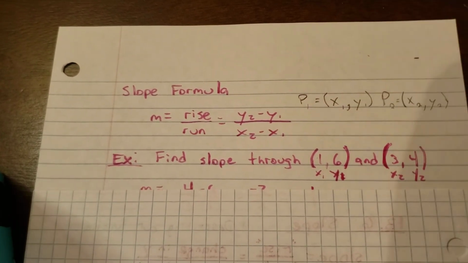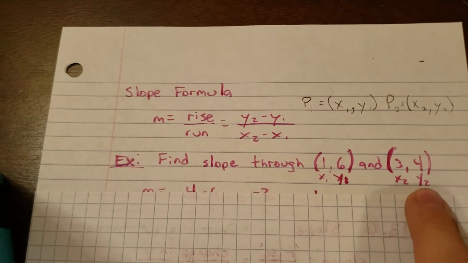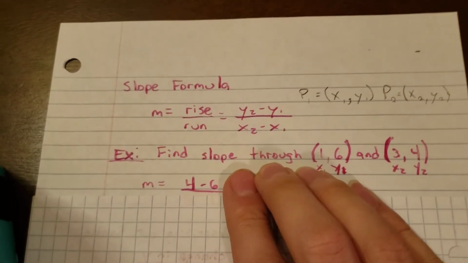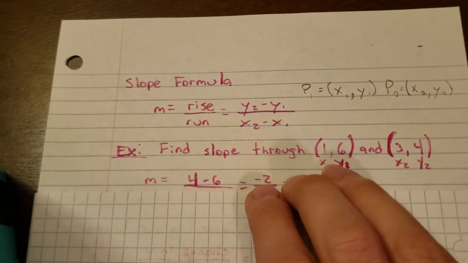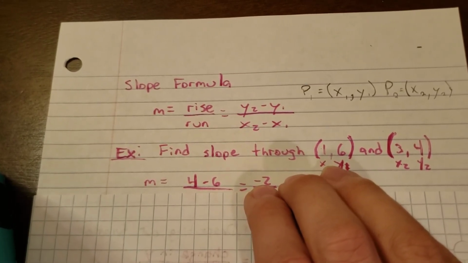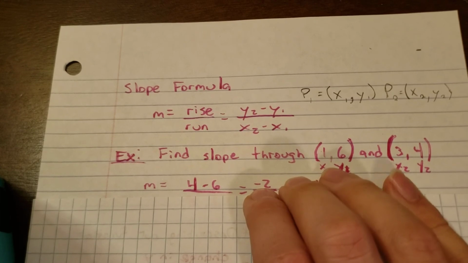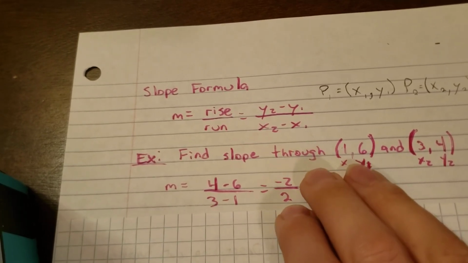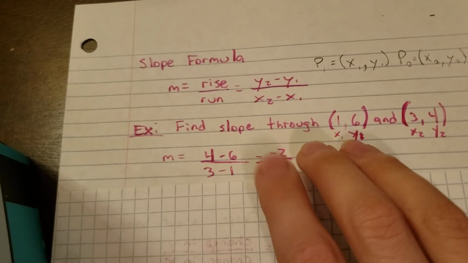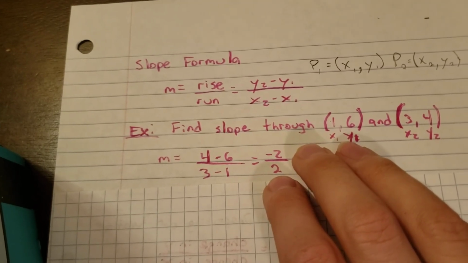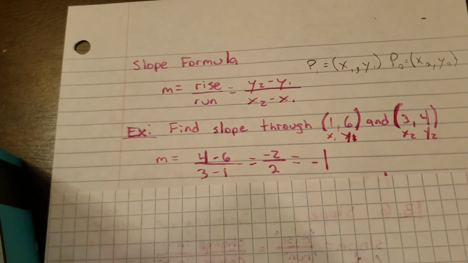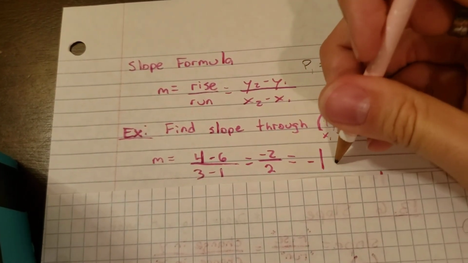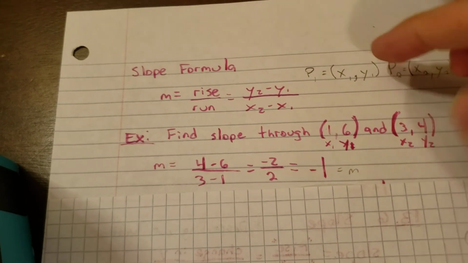So what we do is we take our y2 and we're going to subtract y1. So 4 minus 6 is going to give us -2. And then x2 minus x1, 3 minus 1 is +2. Now we got to simplify this. -2 divided by +2 is -1. So our slope is -1.